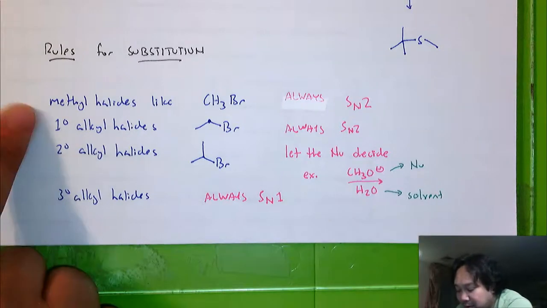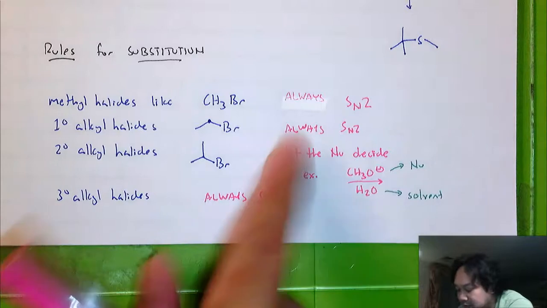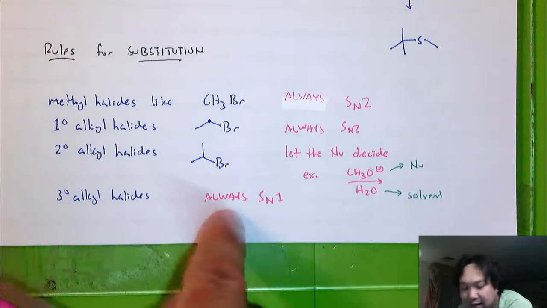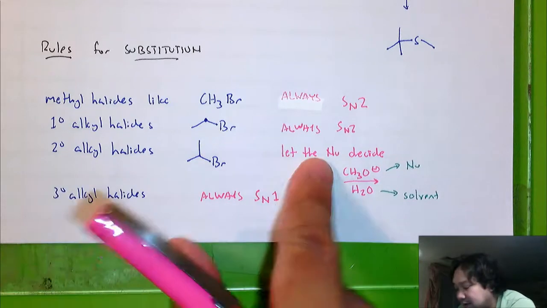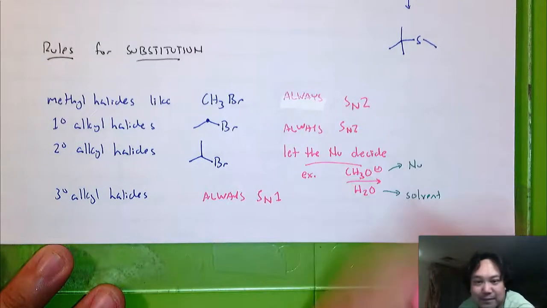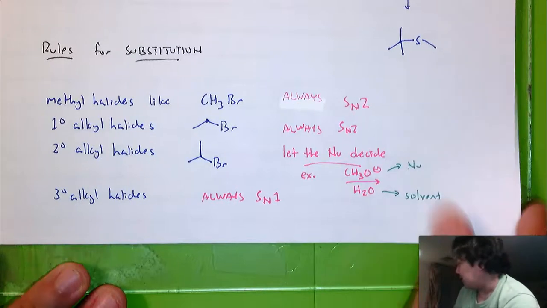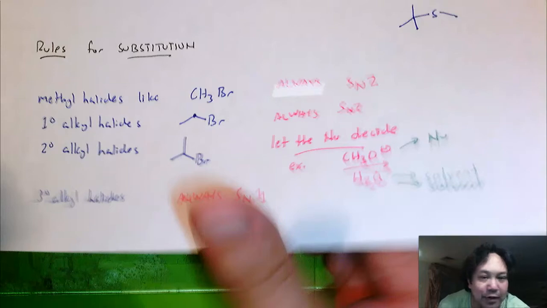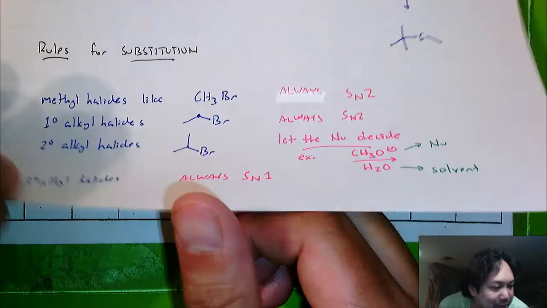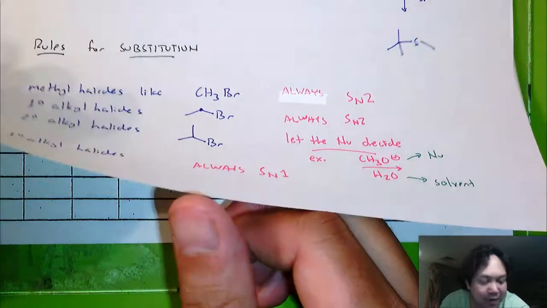If it's methyl, primary or tertiary, you know what to do, because you have the always. Secondary, you'll have to make a decision, but let the nucleophile decide. Okay. I think we have a couple of examples. Let me just make sure before we go to those examples if I'm missing anything. Yeah, why not? Let's go to the examples.